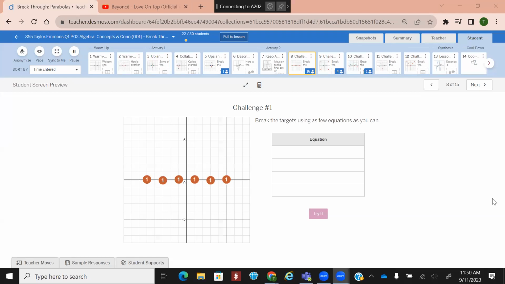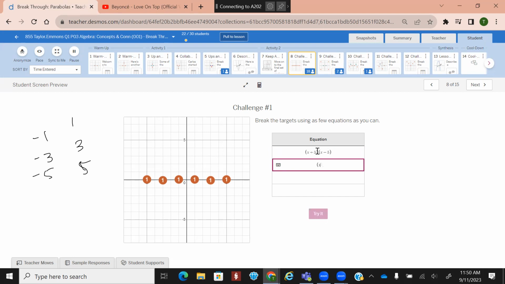Okay, so let's talk through this first one. If I'm crossing at 1, 3, 5, and -1, -3, -5, and I'm trying to write this as an equation, remember I changed the sign and write it out. So I could do x plus 5 times x minus 5.